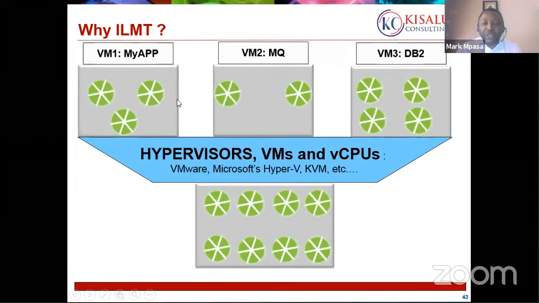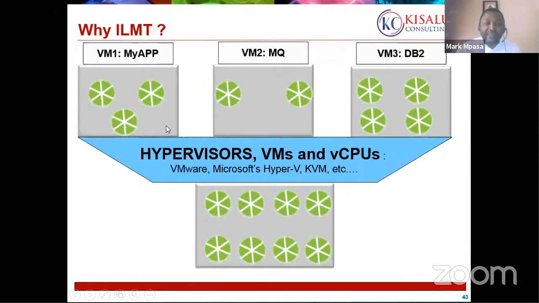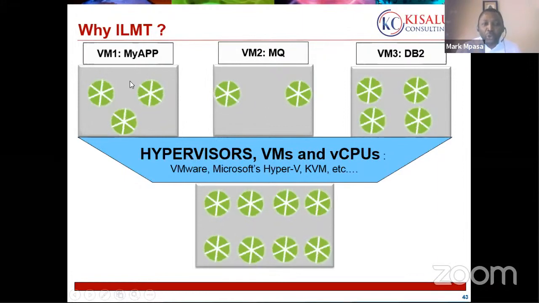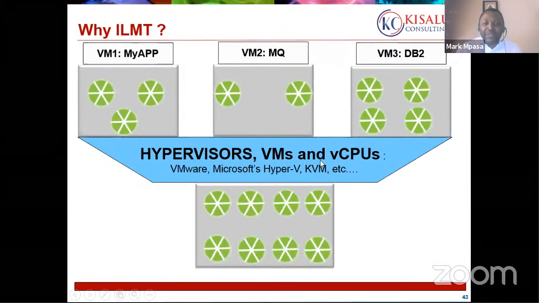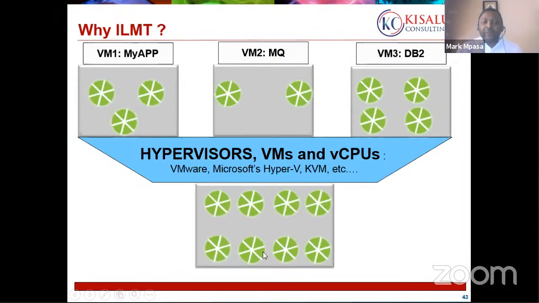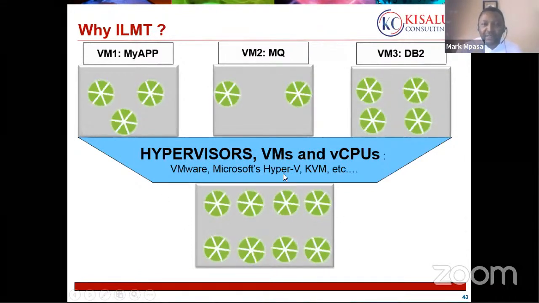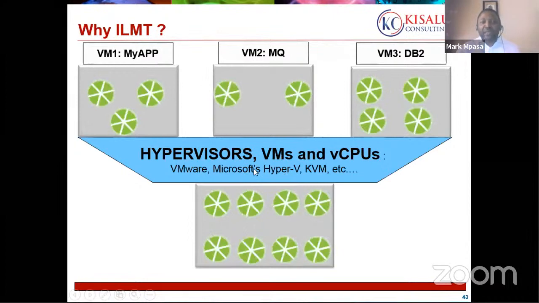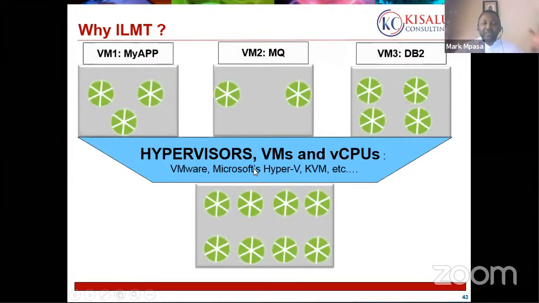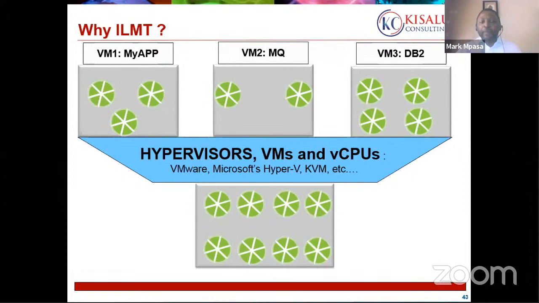If you are external to a company or to that system, you will really not know that all these 3 machines are running from just one system. So the hypervisors allow you to really create smaller machines.